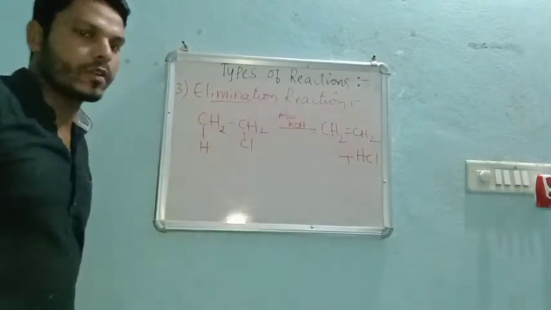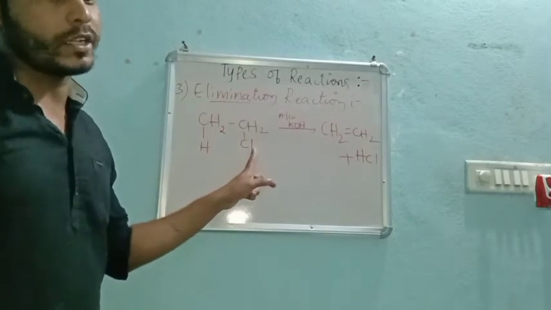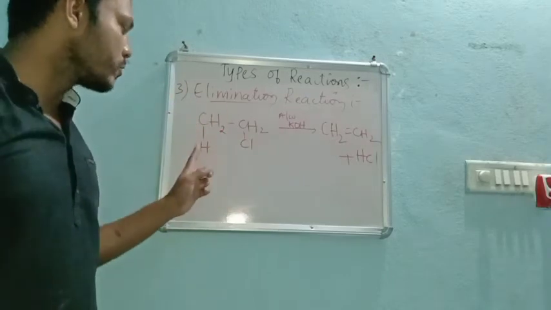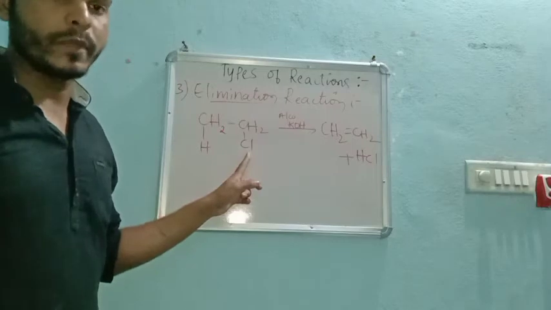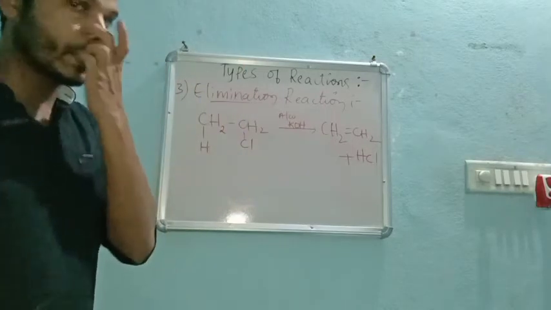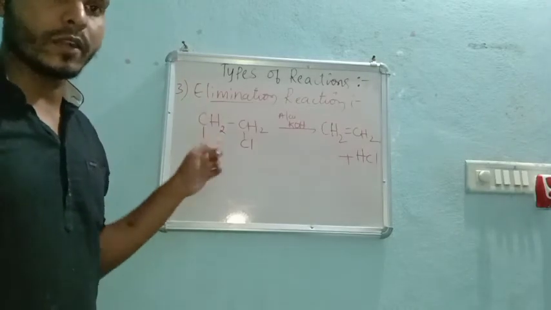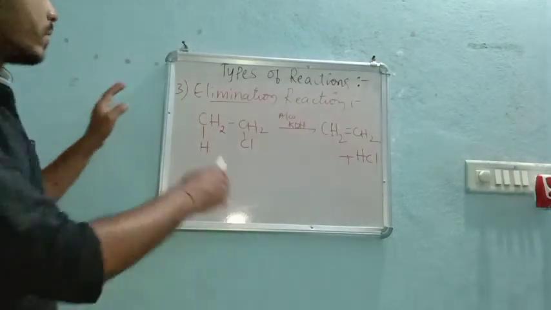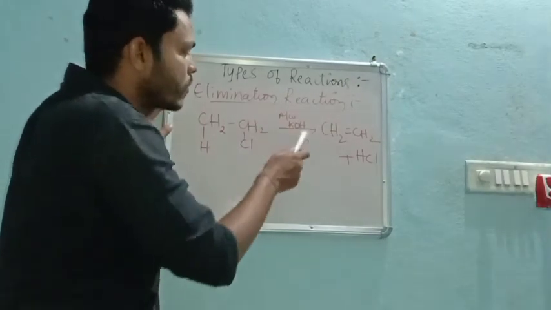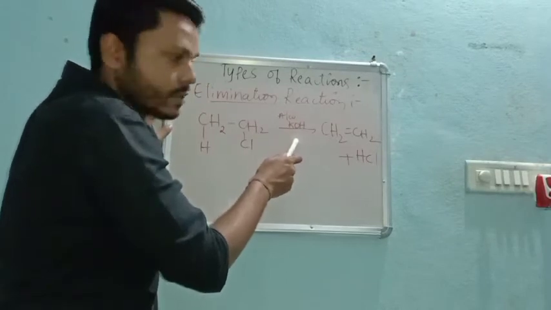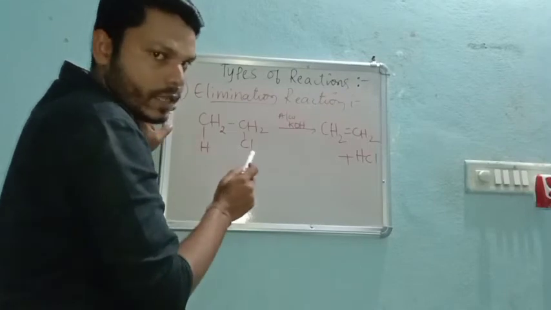Alcoholic potassium hydroxide is a dehydrohalogenating agent. That means it not only removes the hydrogen, it will also remove the halogen. Halogen means the halogen group: chlorine, bromine, iodine, or fluorine. Those are represented by a letter called X. So it will remove hydrogen as well as Cl. That's why we took this reagent as alcoholic potassium hydroxide. Its duty is to remove the hydrogen as well as the Cl.